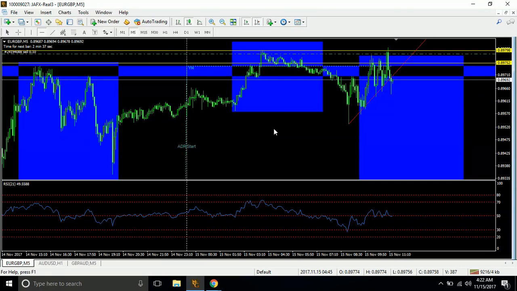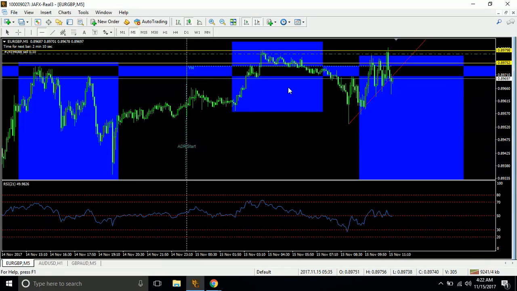Now, a major news release, say for instance a major release on the dollar, will affect all dollar pairs across the board. Okay. A major release like this coming up on the pound is going to affect all pound pairs across the board.